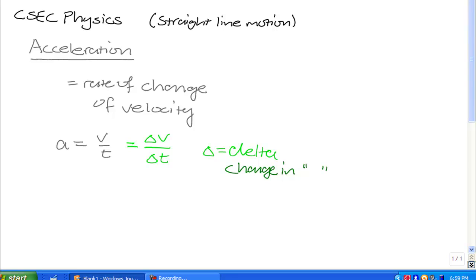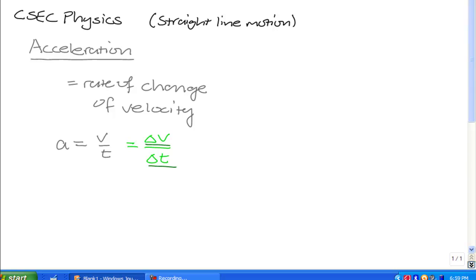So in this case, delta v is equal to the change in v, and delta t is equal to the change in t. And acceleration is equal to delta v over delta t, the rate of change of velocity. So it's how quickly or slowly the velocity of an object changes.